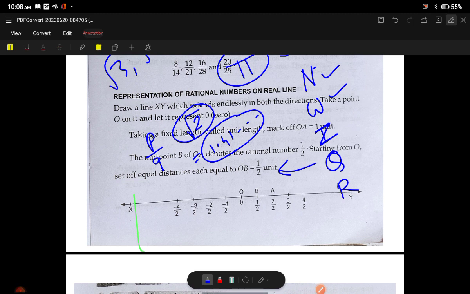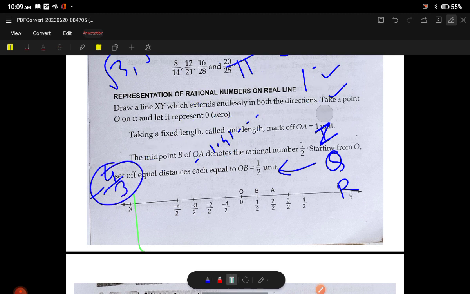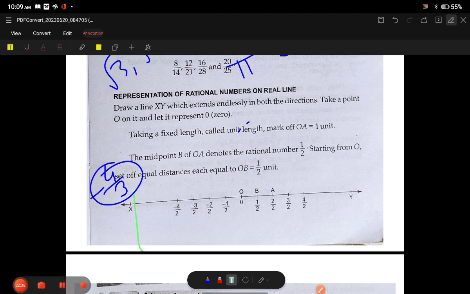Fine. Now if you want to represent a number, for example, I want to represent minus 4 upon 3 on a number line, then what will we do?